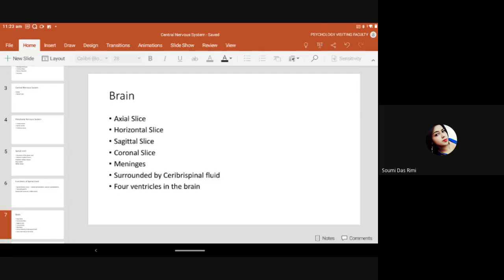Now, what is the brain? It is located at the top of the CNS or central nervous system, and it is protected by the skull, which is a bony structure, and it is interconnected with the body parts, from the brain stem region to the spinal cord.